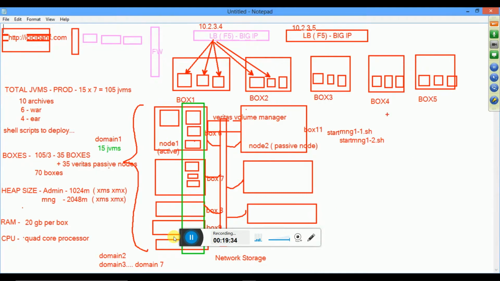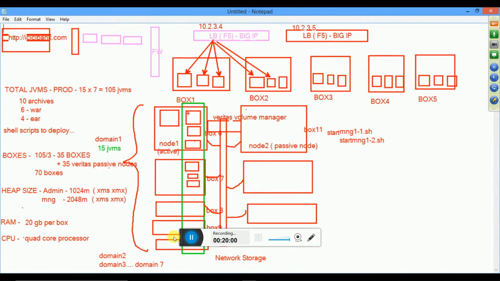All the boxes are also gone. So the DR setup is at Mumbai. Mumbai IPs are 10.2.3.10 and 10.2.3.11. The 10.2.3.10 and 11 will be updated in the DNS. So when somebody hits ICICI Bank, the request goes directly into Mumbai servers. So that's how it works for the number of servers and boxes you are supporting.